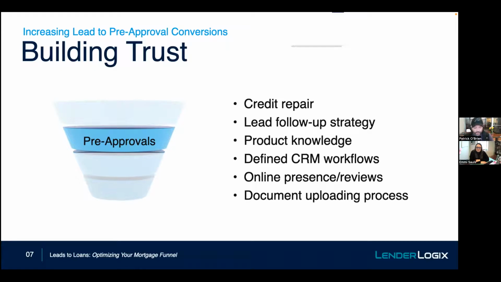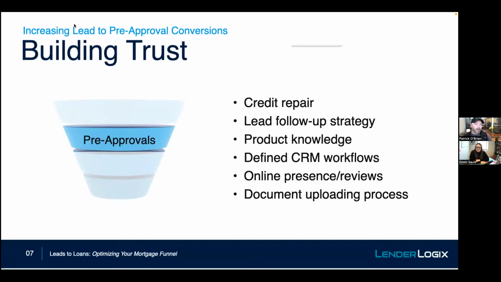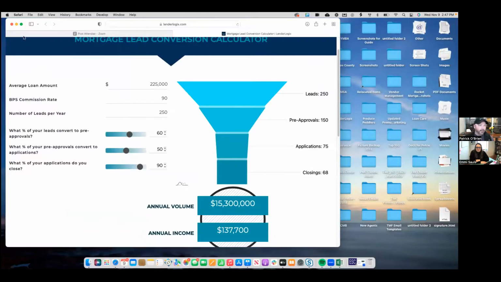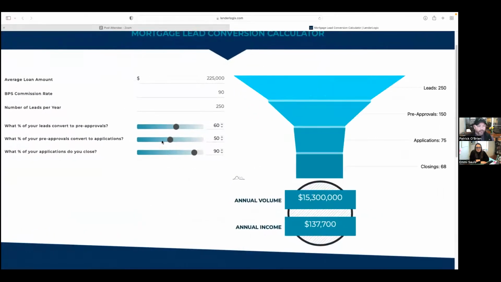In this scenario, I'm going to keep flipping around to my browser here to show this calculator. How do we get more of these leads to convert to pre-approvals? Every loan officer is going to say, well, every borrower doesn't qualify. They have bad credit, they had a bankruptcy, whatever the case is.